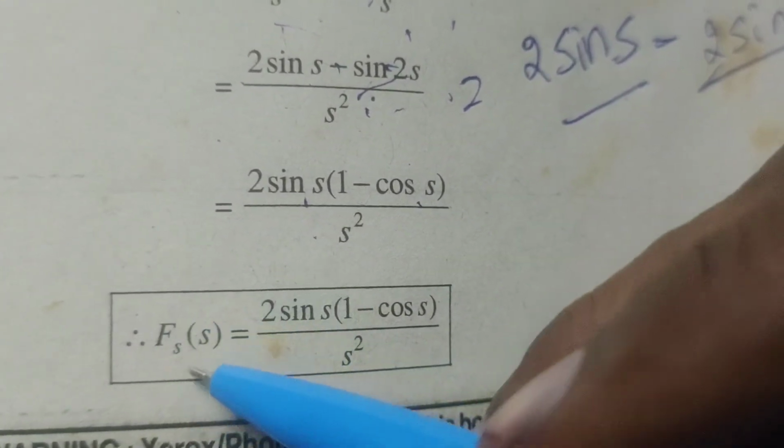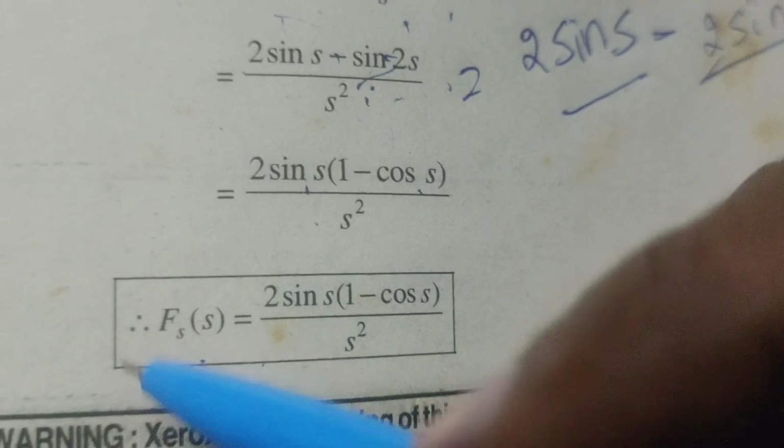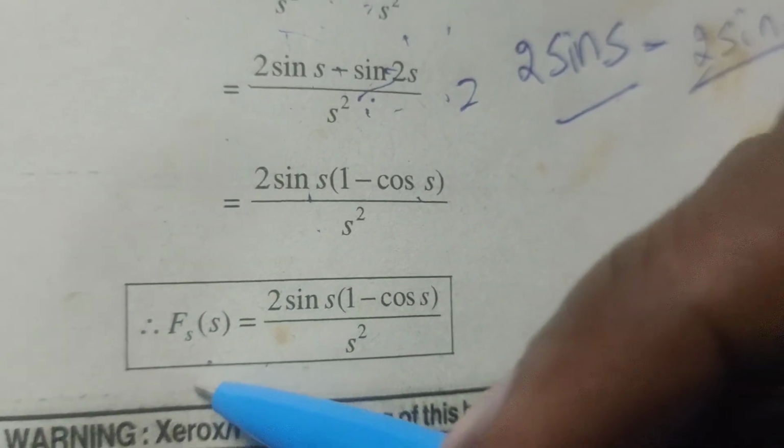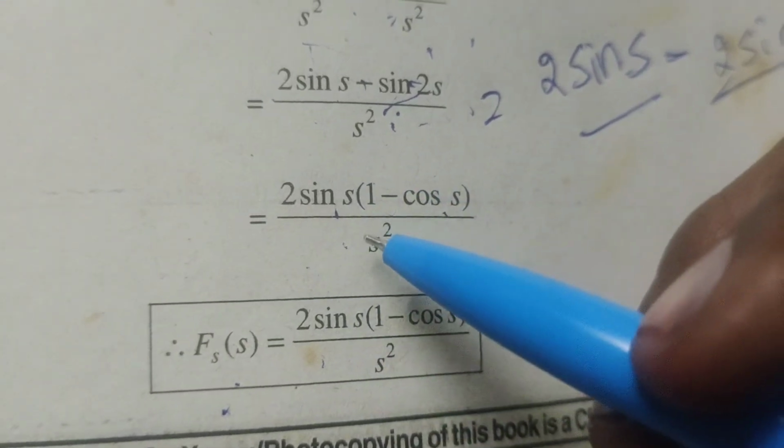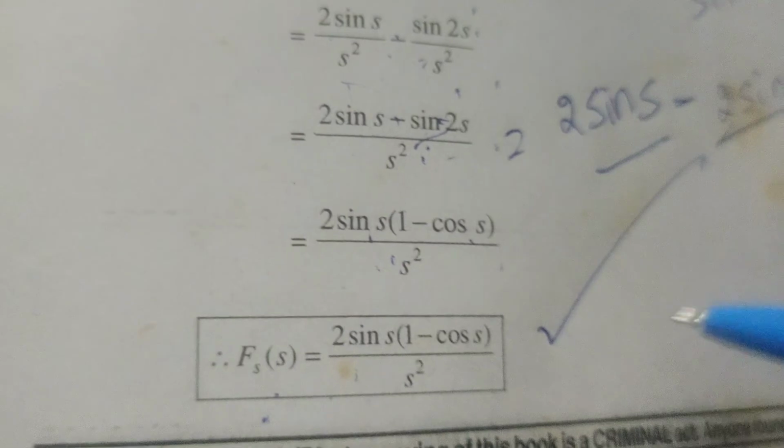F suffix s of s equals 2 sin s into (1 minus cos s) by s square. This is the final solution.